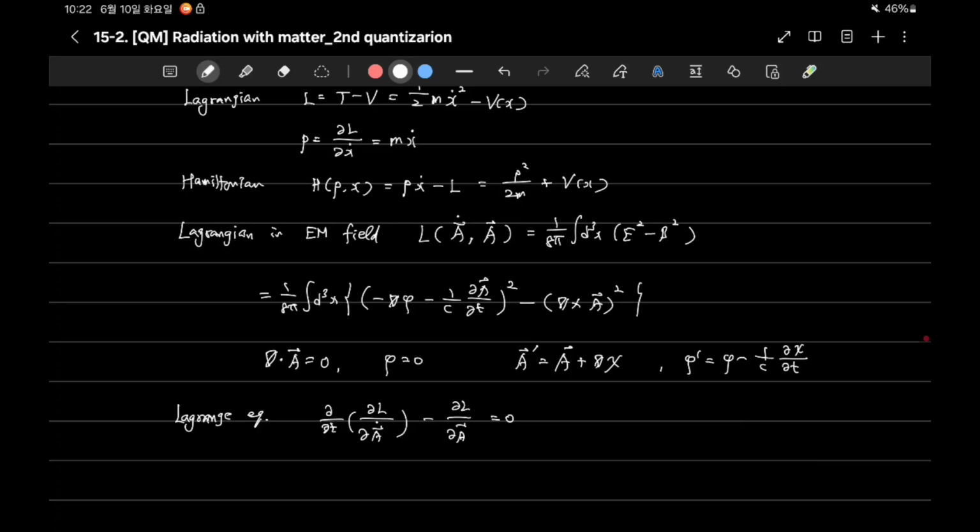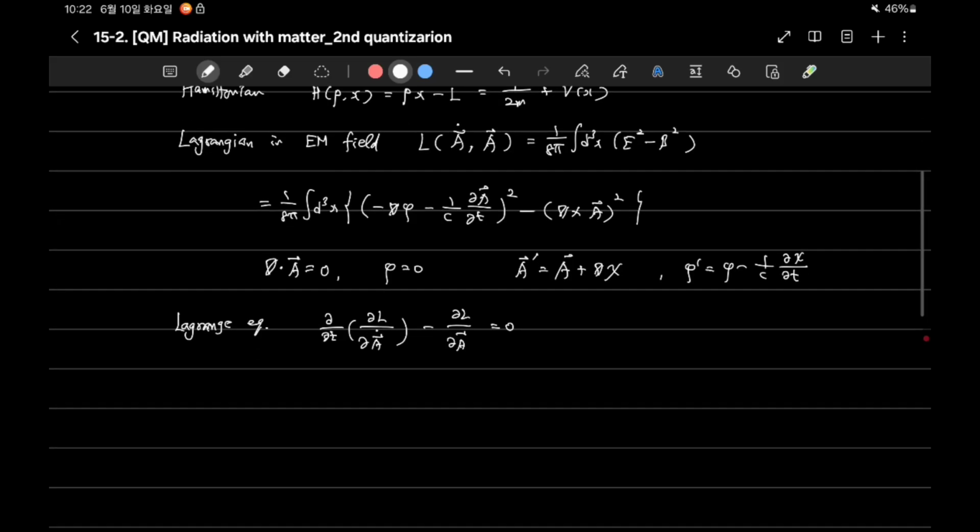From the calculation of this Lagrangian, we already defined it. I do not derive the Lagrangian calculation in more detail; I will skip the classical calculation.